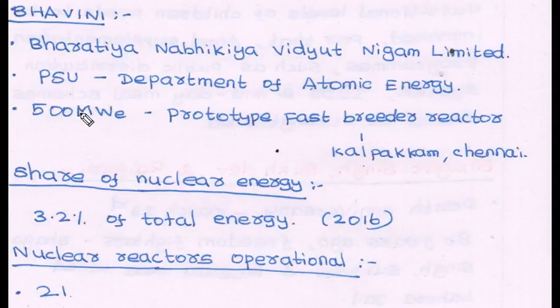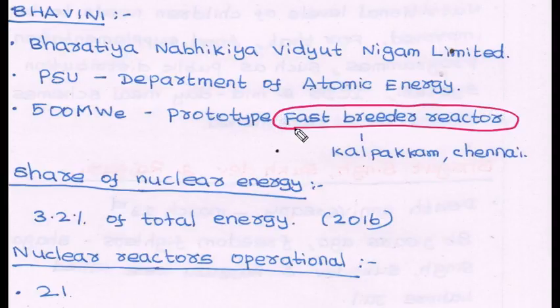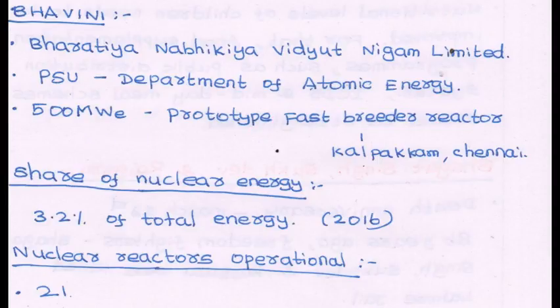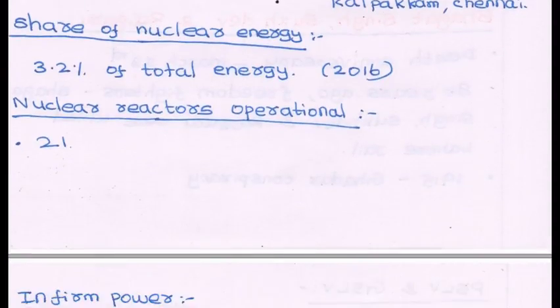What is a fast breeder reactor? How is it different from other nuclear reactors? It is a very important area for the IAS examination every year. We will provide a separate video lecture on this topic.